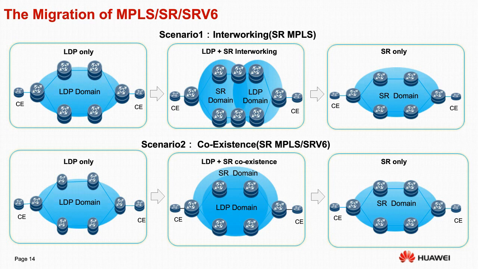Another scenario is that we can deploy LDP and segment routing together. We can use a tunnel policy to select the tunnel, from the LDP tunnel to the segment routing tunnel. Then we remove the LDP deployment, to accomplish the segment routing deployment.